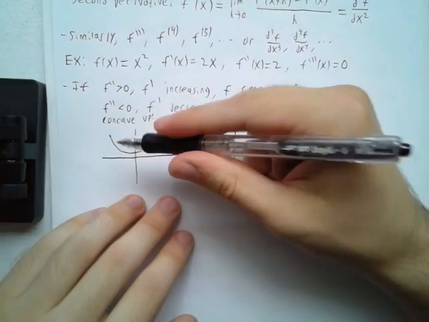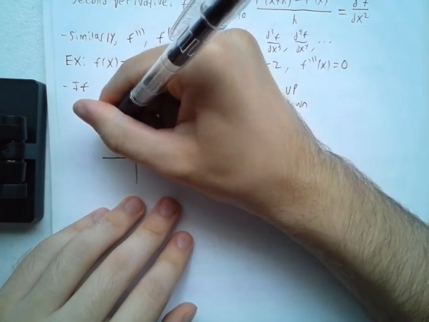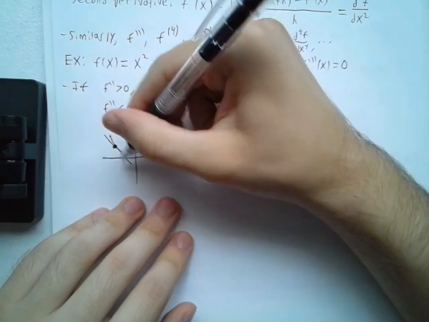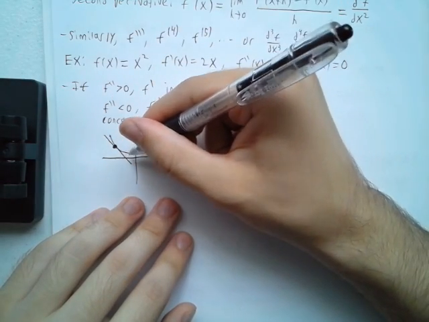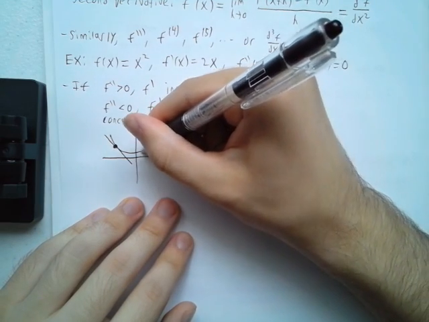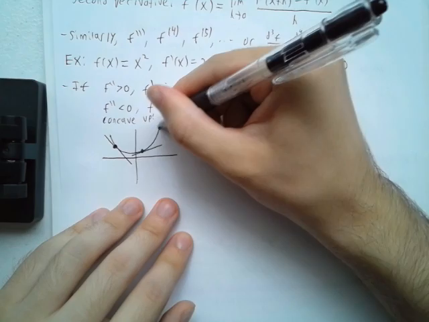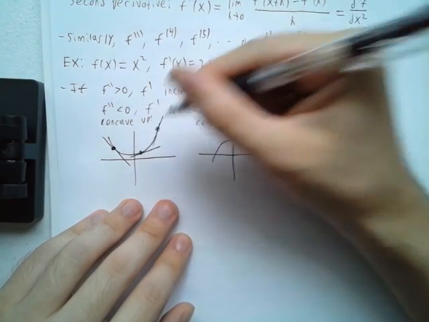And so what I'd like to point out is that if we look at the tangent lines to this function, here we have some negative slope. As we get closer to 0, the slopes of the tangent lines become less negative. Then say we're at a point over here, now the slope of the tangent line is positive, and the point up here, slope of the tangent line is even more positive.